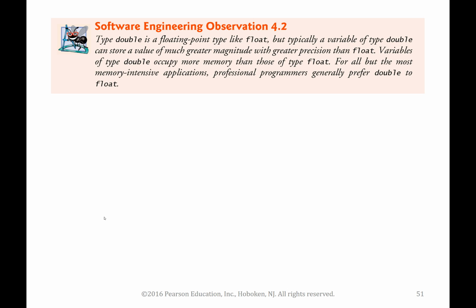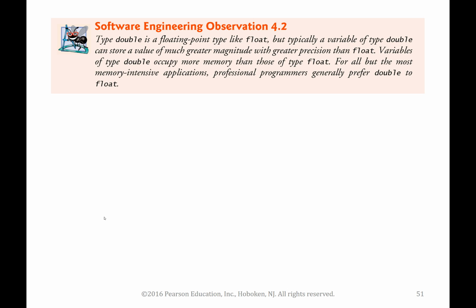Double is a floating type, but it does have a higher resolution than float. Float is typically a 16 or a 32-bit number, where double is a 64-bit number. It tends to be a little bit more accurate.